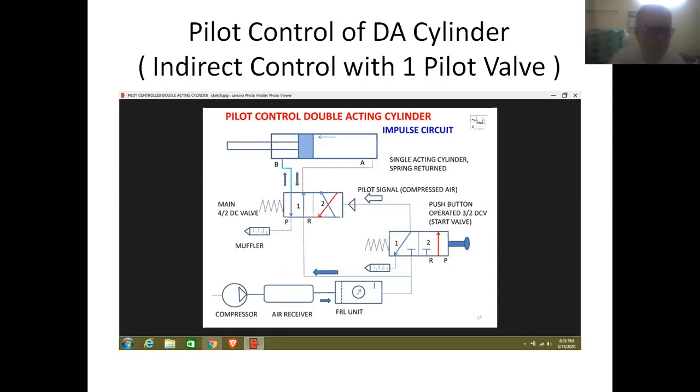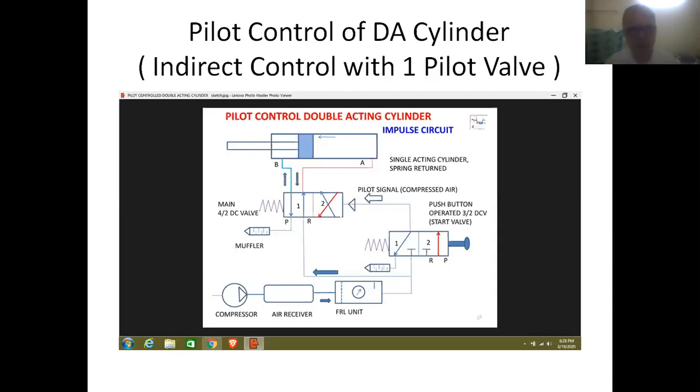So therefore, this has to be represented with the capital R. So friends, capital P must be used for indicating the inlet port of the DC valve, and capital A and capital B to be used for representing the first and second outlets of the DC valve, and capital R must be used for indicating the exhaust port of the DC valve. So we have to make this minor change.